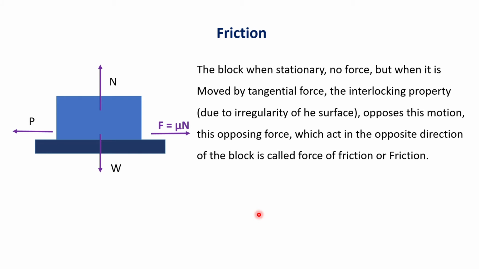Now coming to the last topic of our module 1, that is friction. Friction, you have already studied in school, and it is very essential, but it has both positive and negative sides in our day-to-day life.